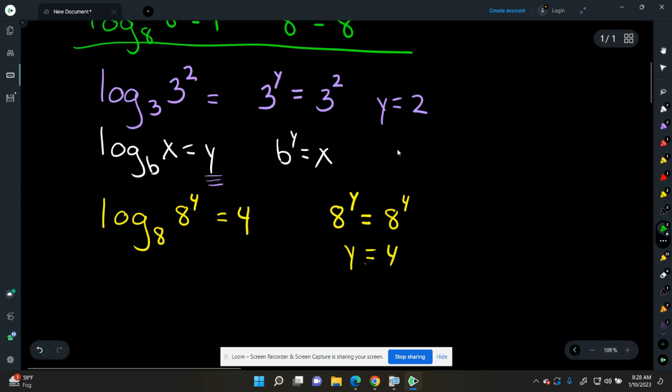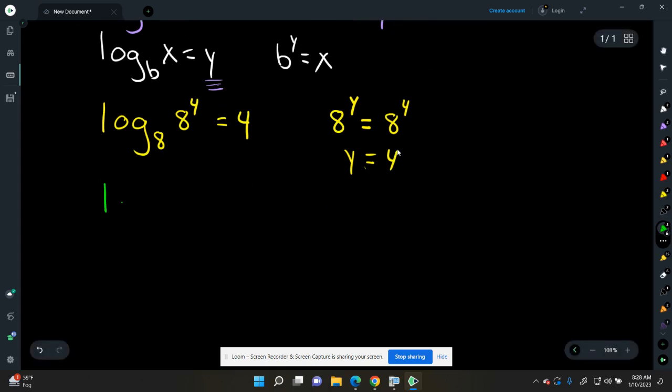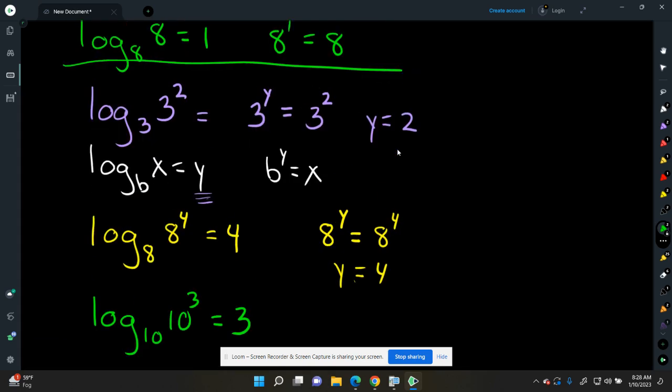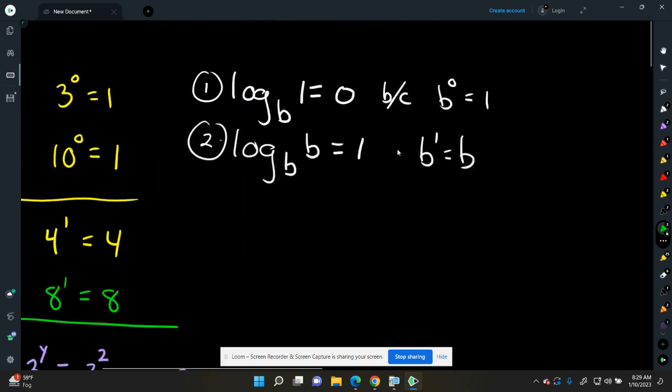Now, this time, I want you to tell me what log base 10 of 10 to the third equals without going through all that work. 3. How'd you know that? Yeah, it's just that exponent, right? This equals 2. This one equals 4. This one equals 3. So we just discovered our next property, property number 3.